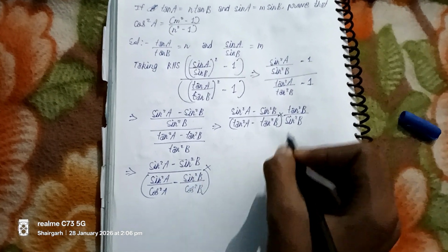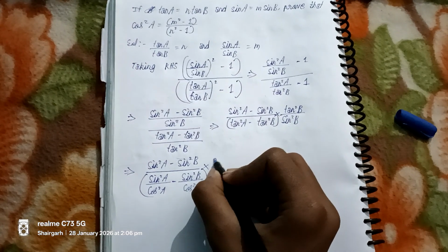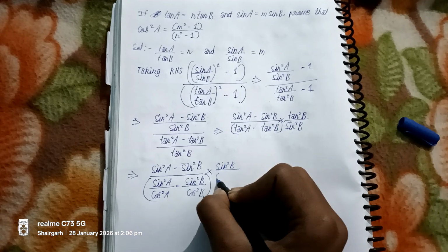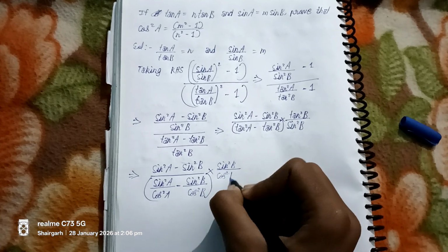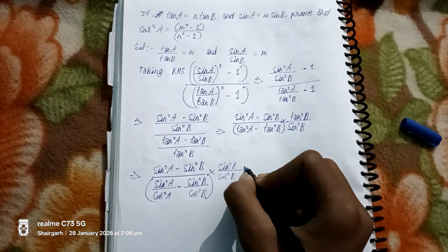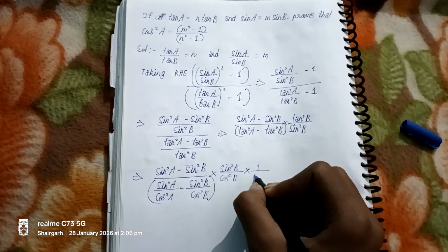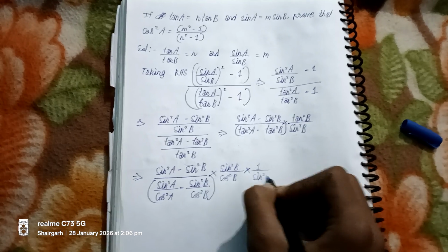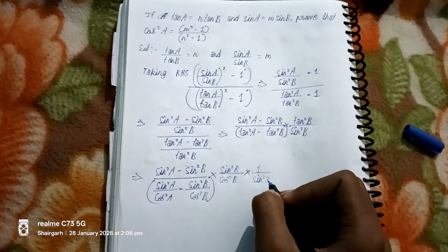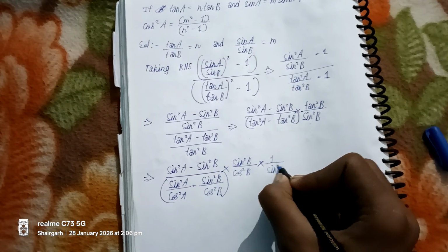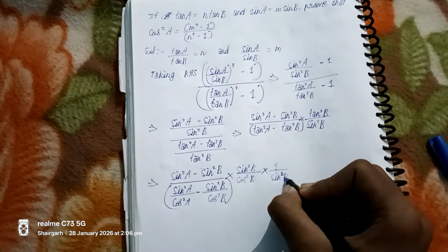And this tan square B will also be converted into sin square B upon cos square B, into 1 upon sin square B.